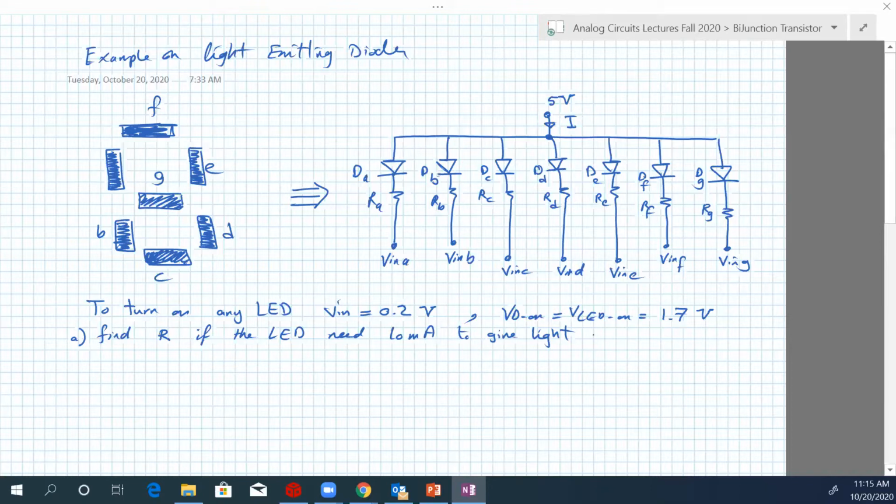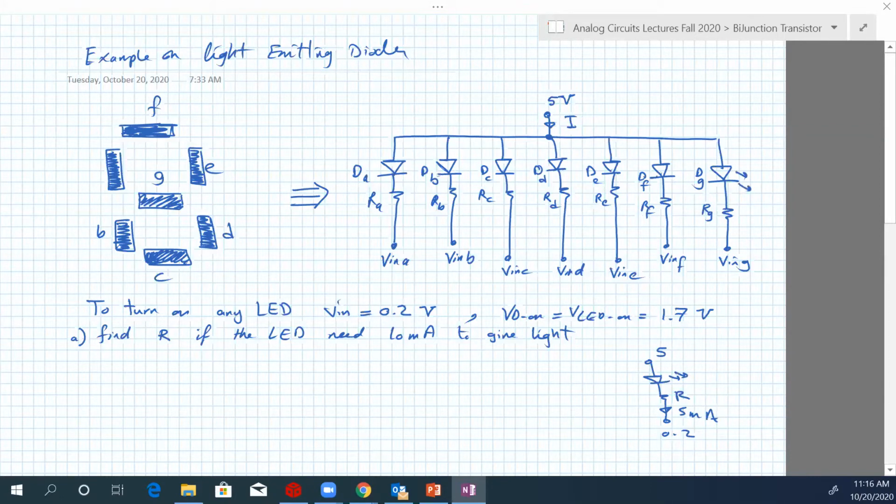Okay, so for any one of them to give light, there should be 0.2 here. Of course, we have here 5, and the current should be 5 milliamps. Here is R.